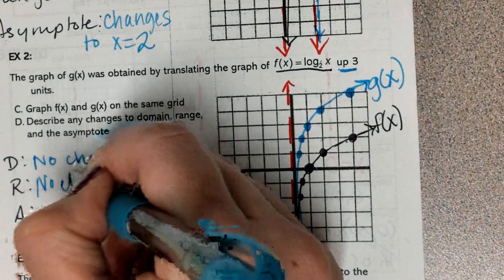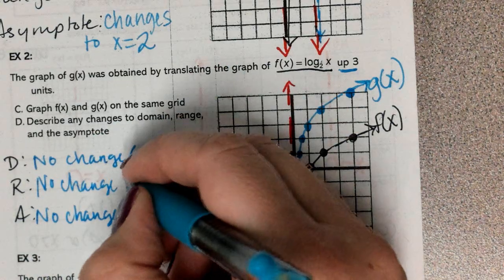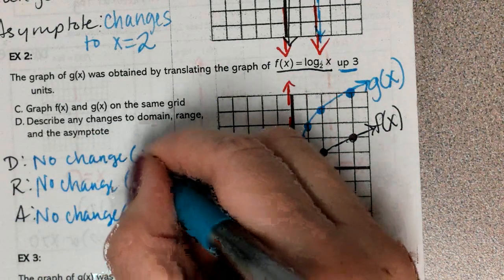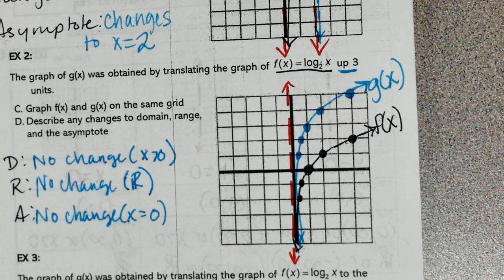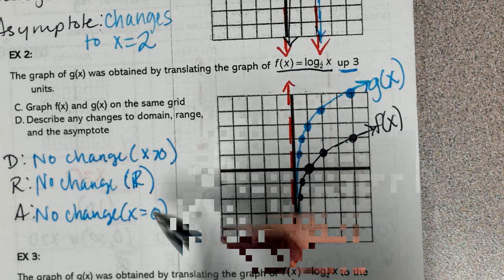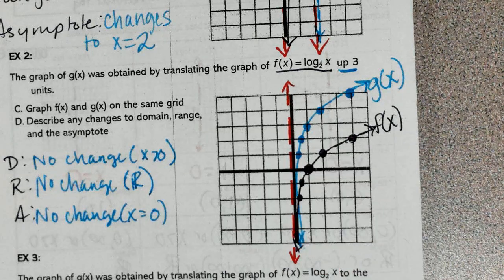So this is going to have no change. So it's still all real numbers. Okay, so what we learned there is that when I just move the graph up or down, it does not change any of the attributes. Okay? Graph looks different, but the attributes are not affected.